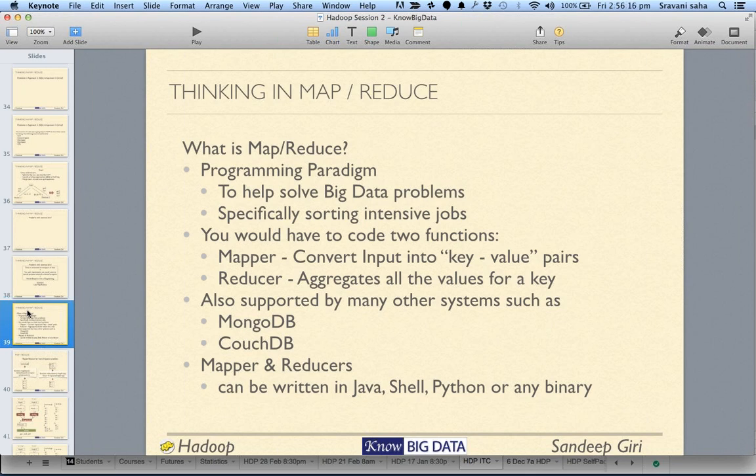Now, massive parallel computing is getting the work done in parallel on multiple machines. Distributed and parallel: there is a very thin line between them. Parallel means also on the same computer, but with different CPUs.